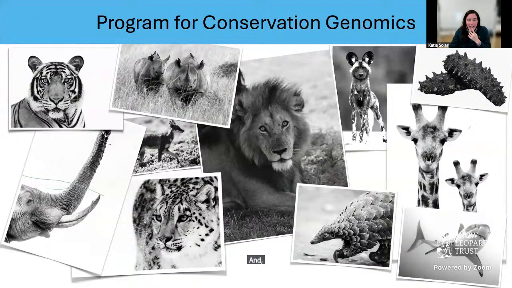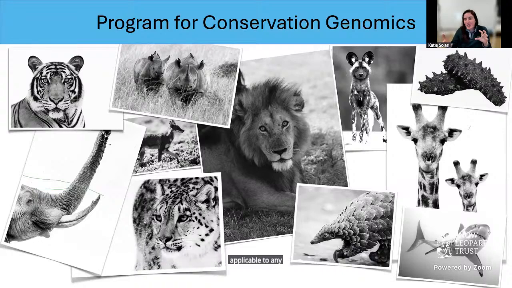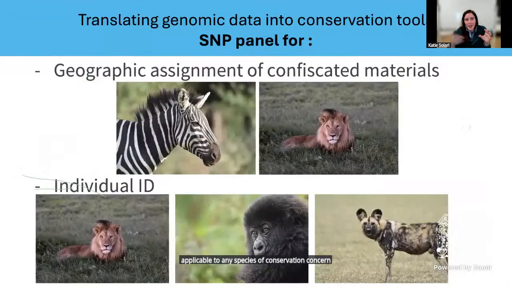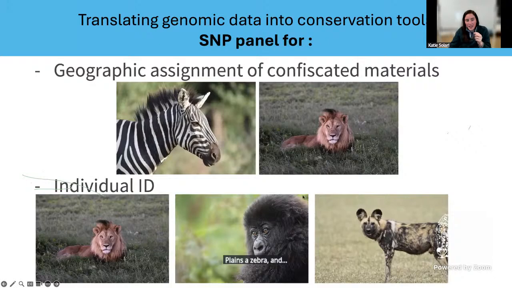And then I just wanted to wrap up by saying that all of these methods that I've talked about are applicable to any species of conservation concern. And we do have SNP panels underway for multiple other species. So we're making geographic SNPs for geographic assignment of confiscated materials for plains zebra and African lions.